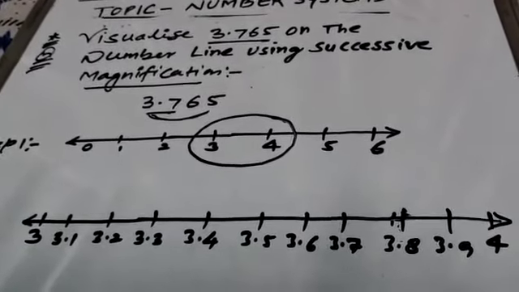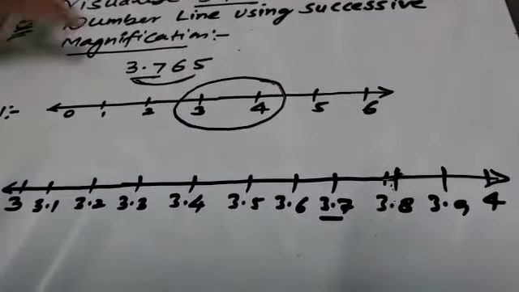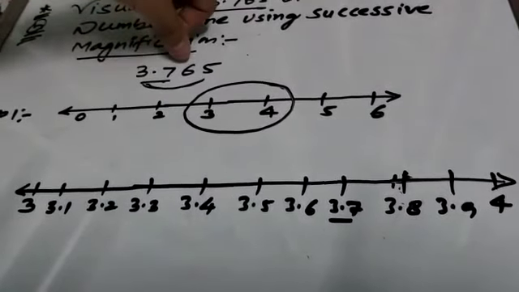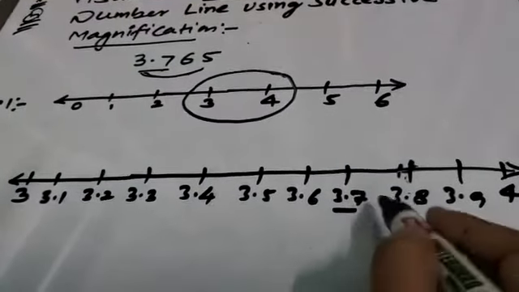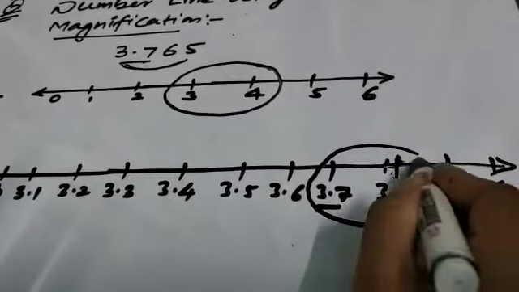Now you can see again here 3.7. After this there is 3.76, and 3.76 will lie between 3.7 and 3.8.